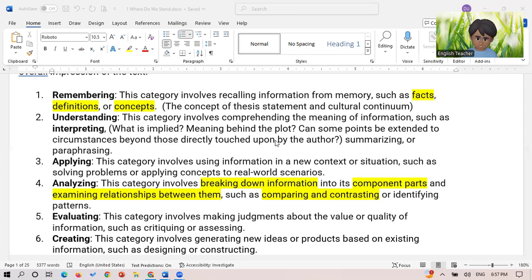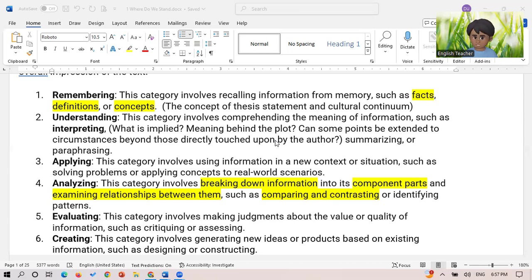And you can also recall certain ideas, like, for example, in the essay we are going to read, Where Do We Stand? Lisa Davis talks about the concept of cultural continuum. I won't explain right now, but if you read Lisa Davis' essay, you should be able to recall and tell what is the concept of cultural continuum.